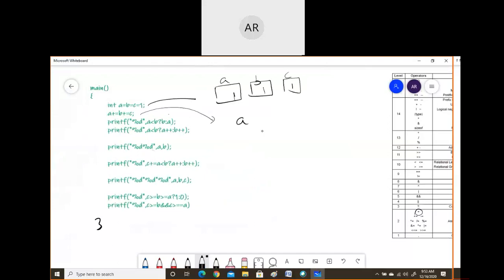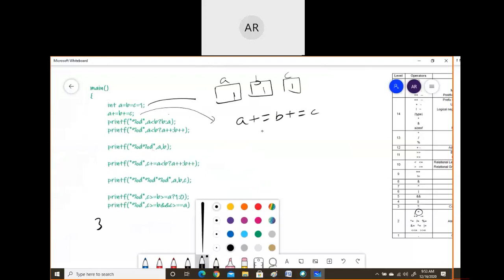In line number 2 there is some small concept, right? We have already discussed A plus equal to B plus equal to C, right? In the same way, this is the expression that is given. In any expression, whenever two operators have the same priority, then we go for the associativity.